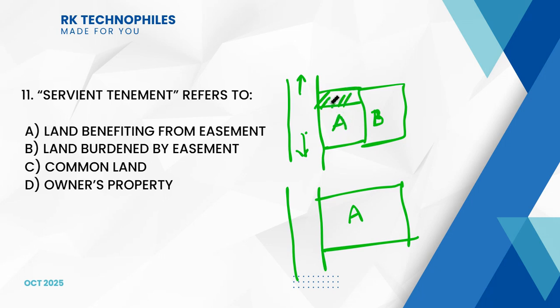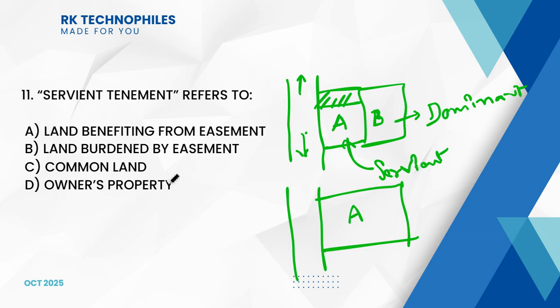Both have rights on this. So here we call A the servient tenement, and B is the dominant tenement.